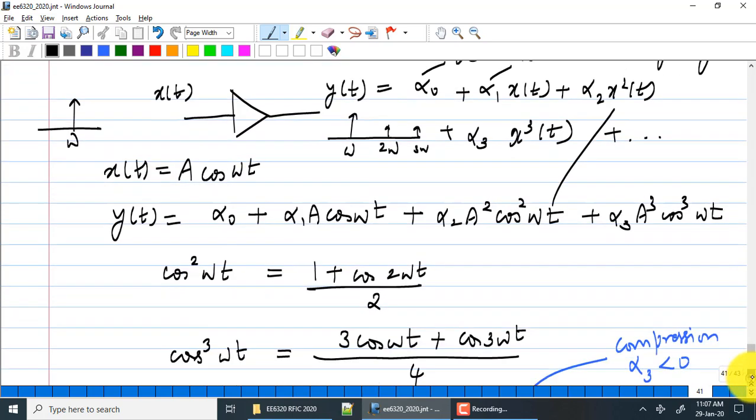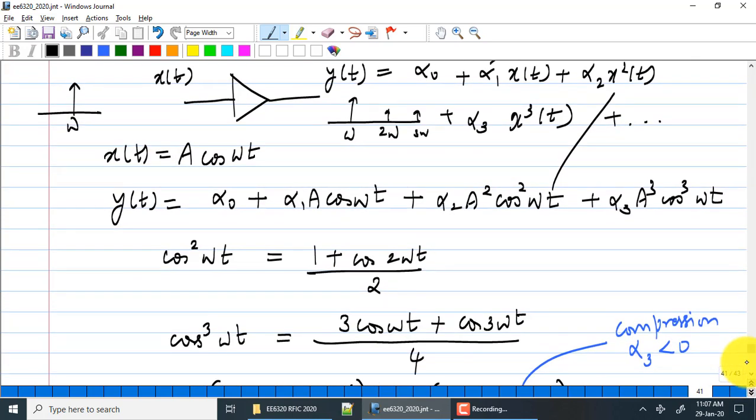And we found that if you put in a sinusoid, you will get components not only at the sinusoidal frequency but at harmonics of that also.